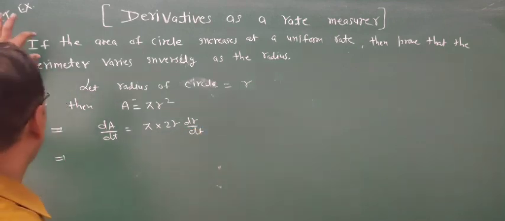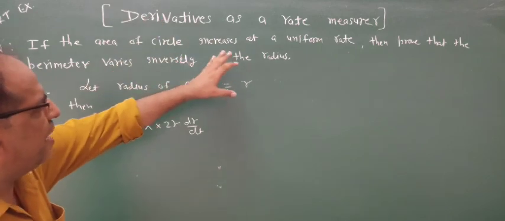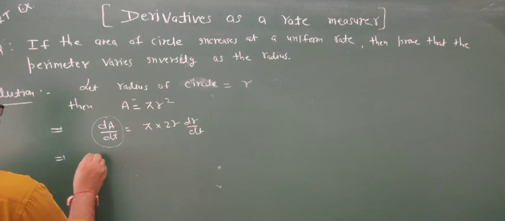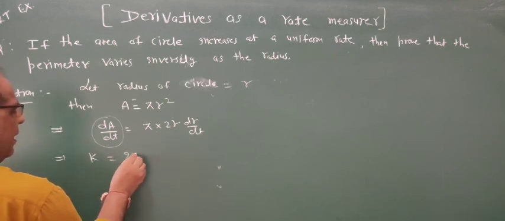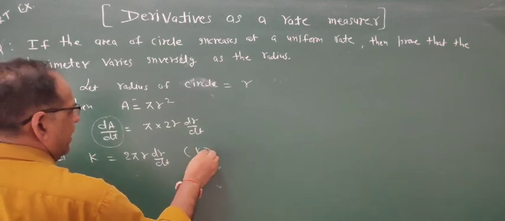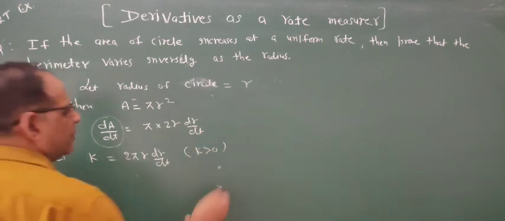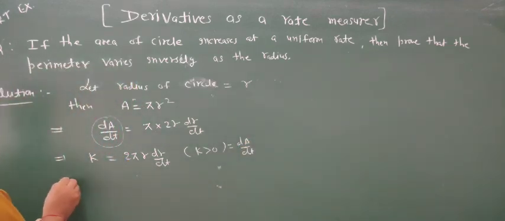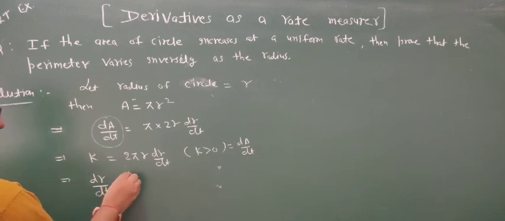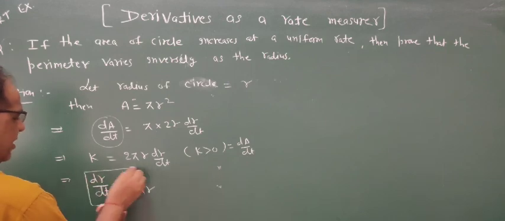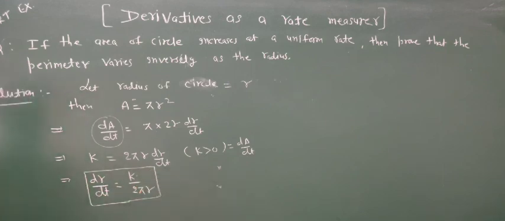But as the question states, the area of the circle increases at a uniform rate, that means this value is constant. So let k equal 2 pi r dr over dt, where k greater than 0, equal to dA over dt. So now dr upon dt equals k upon 2 pi r. This is the rate of change of r.